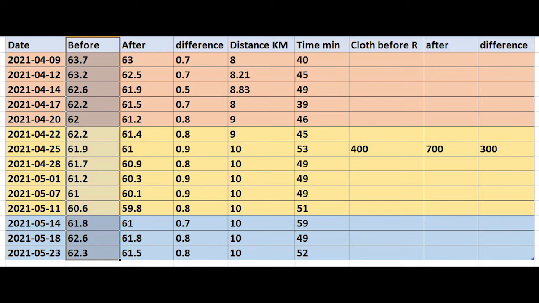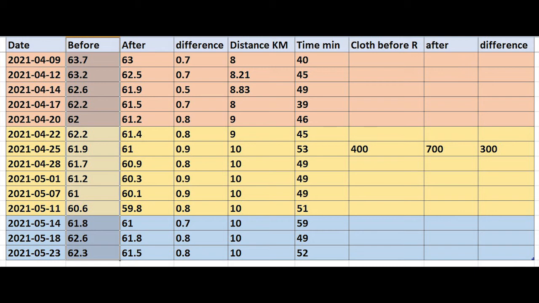So the 22nd was more than the 20th, and on the 25th it's 61.9, which is 300 grams less than the training pass before. So this was good. It's good to experiment on this, because anything I do in my training pass affects the result.